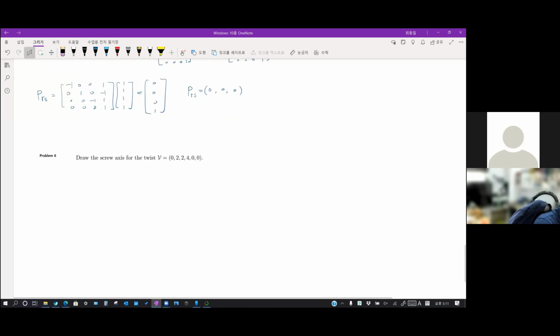The twist is given as 0, 2, 4, 0, 0. This one is omega and V. So we can calculate omega is 0, 2 and V is equal to 4, 0, 0.